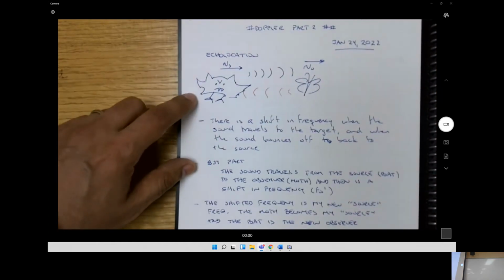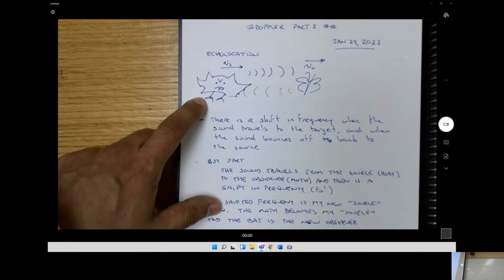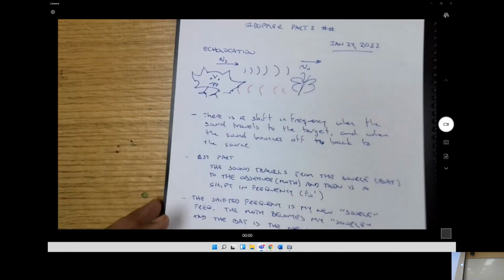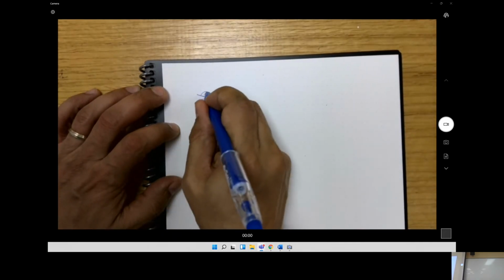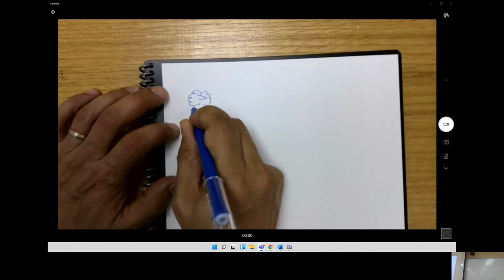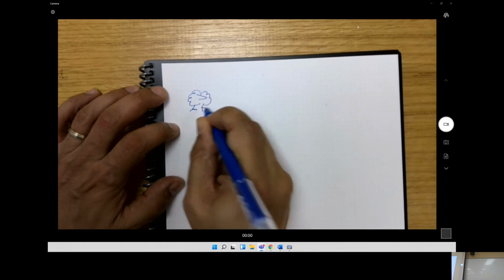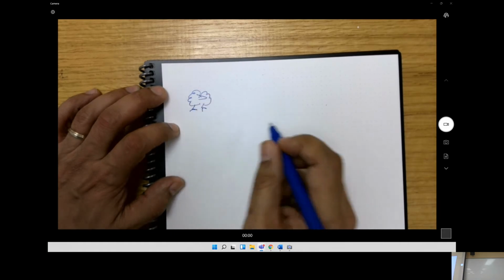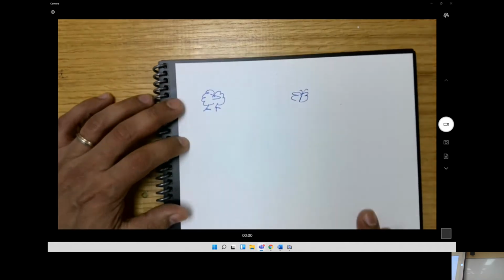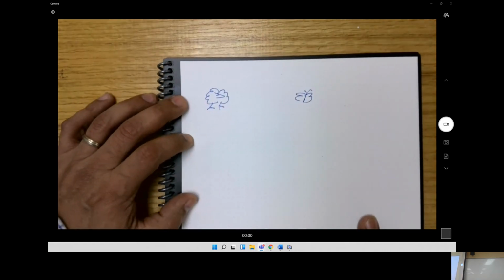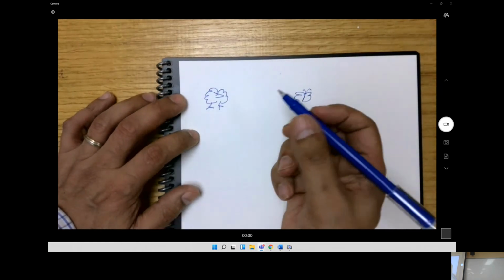Okay, so we'll do a really quick example. Let's assume that we have this case. We have a bat chasing a moth. I'm gonna draw it like this because I'm getting tired of drawing bats. Okay, and I'm gonna say that this bird is emitting some kind of echolocation.